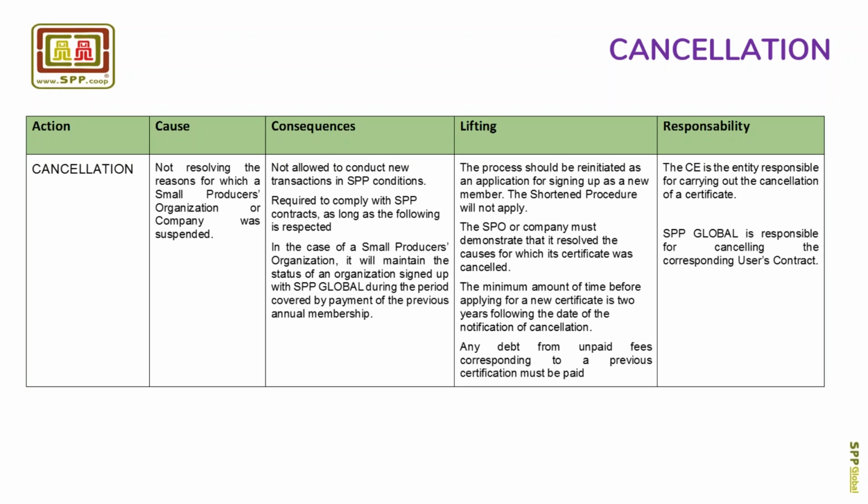In the case of a small producer organization, it will maintain the status of an organization signed up with the SPP Global during the period covered by payment of the previous annual membership.